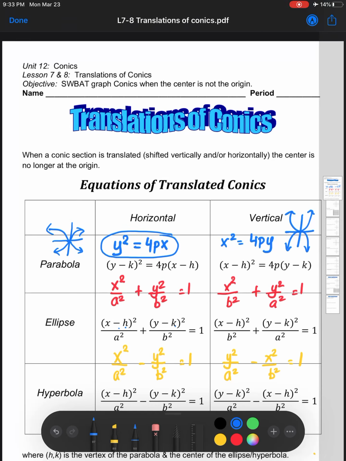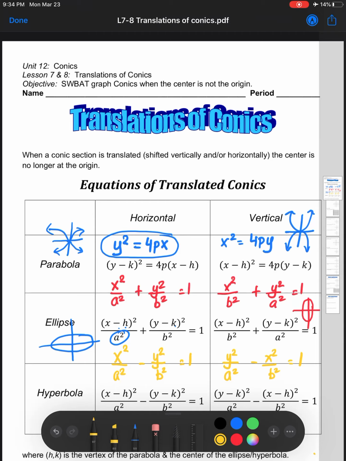And if a squared is under x squared, it is a horizontal ellipse, right? This is a horizontal one, where it's wider on the sides. If, I'm going to use the red pen, the a squared is under y squared, it is more of a vertical ellipse, right? So just a quick review of what we have been doing.